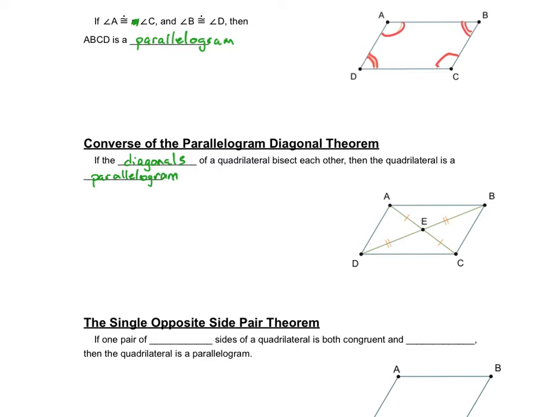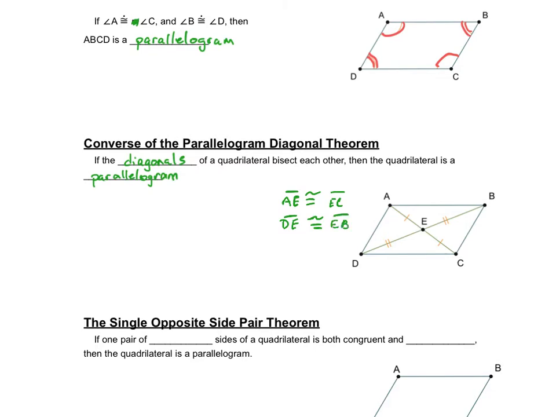So we look over here and we have A, B, C, D, and the diagonals are bisecting each other at point E. I can see that AE is going to be congruent to EC, and DE is going to be congruent to EB.